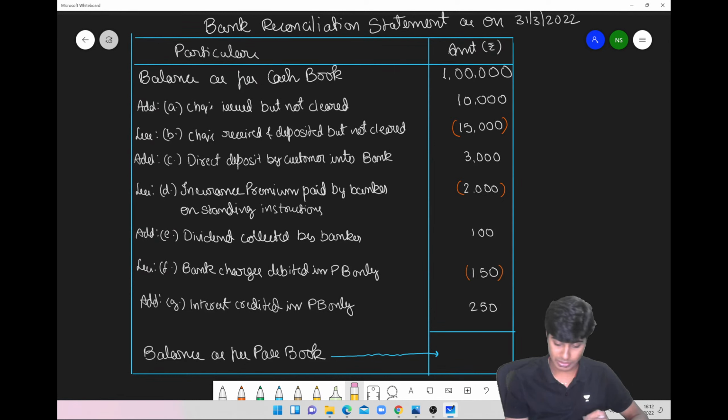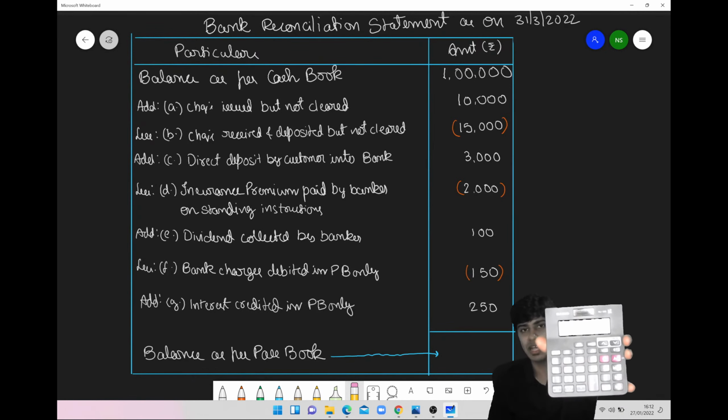I would add 3,000 rupees towards the direct deposit made by customer. I would deduct 2,000 rupees, that is towards the insurance premium paid by the banker on standing instructions. I would add 100 rupees, that is dividend collected by the banker, and whatever is bank charges debited in passbook only, I would deduct this 150 rupees and I would add interest of 250 rupees, that is credited in passbook only, which should have been recorded.